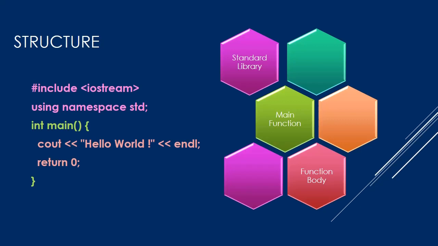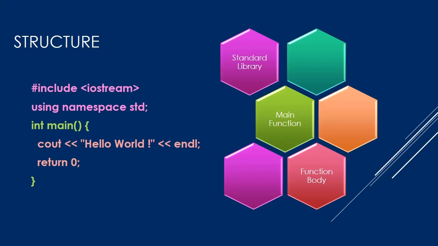The second line, using namespace std, tells the compiler that every name used in this program is according to the standard namespace. For example, we have used here cout and endl. Cout and endl are already defined as words in the standard namespace, such that cout is meant to give output and endl is meant to end a line and start a new line.